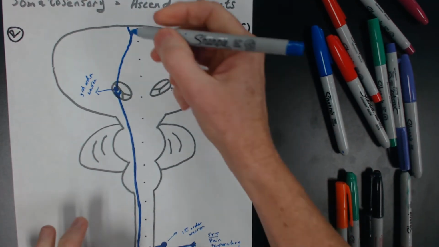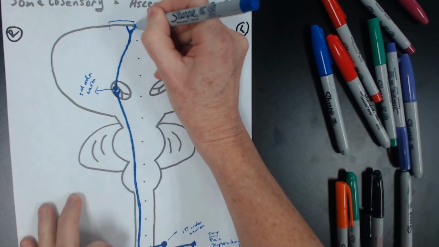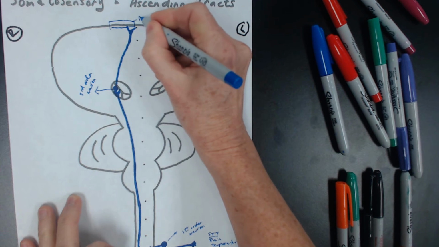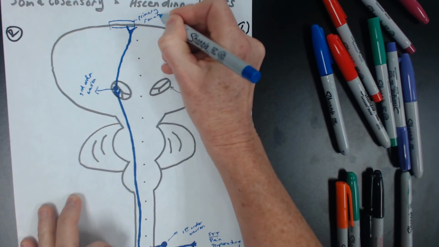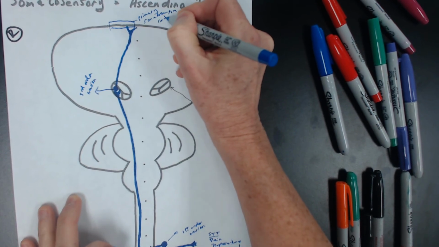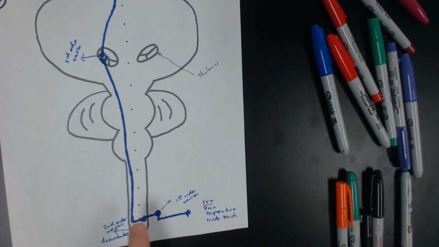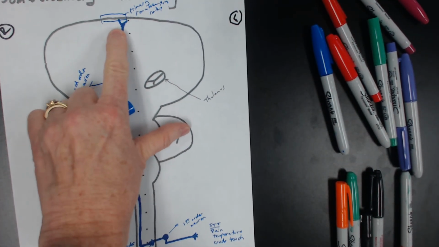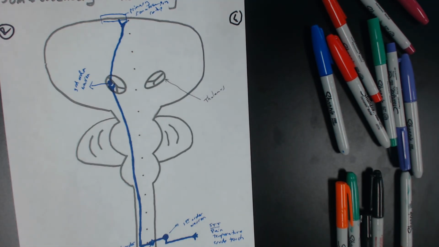So this area up here, let's just label it. Let's just say this is your primary somatosensory cortex, or your postcentral gyrus. So that information here from somatosensation is delivered to the primary somatosensory cortex, or your postcentral gyrus. Make sense? Is that better?